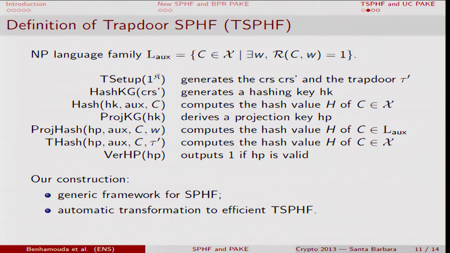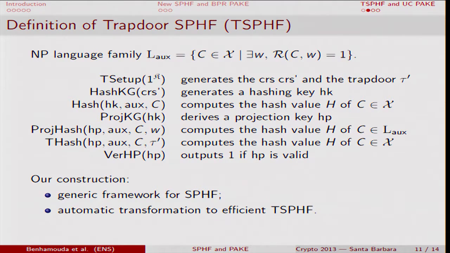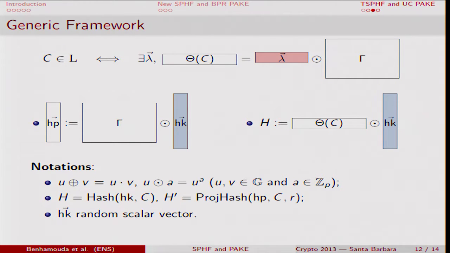For that purpose, we first introduce a generic framework for SPHF. This generic framework encompasses most SPHF constructions for bilinear groups or for cyclic groups. And then we show how to automatically transform such an SPHF into an efficient TSPHF. So let us very quickly show our generic framework.